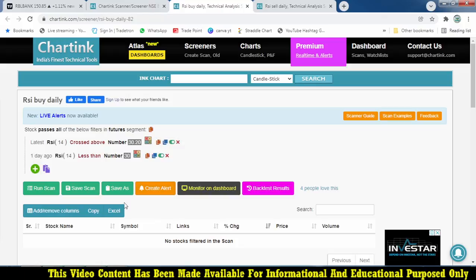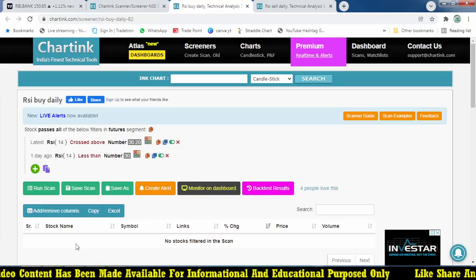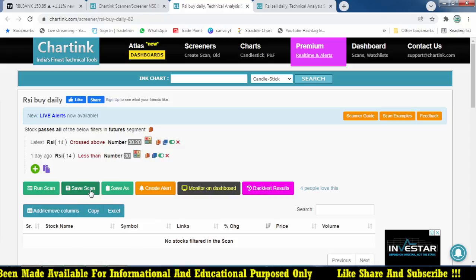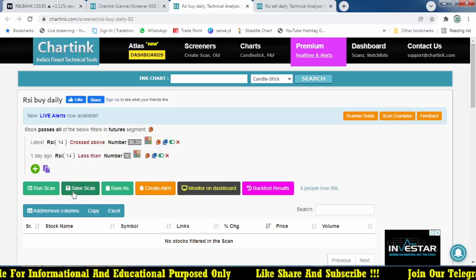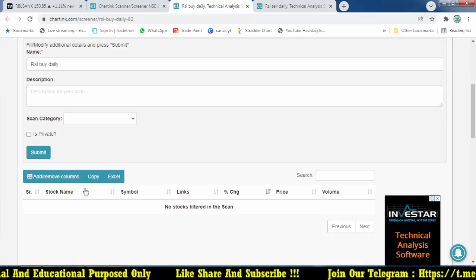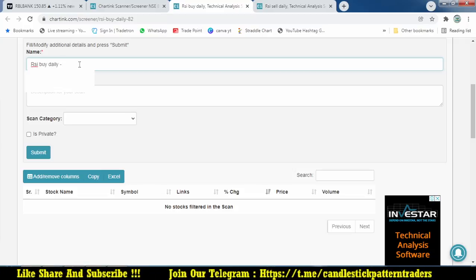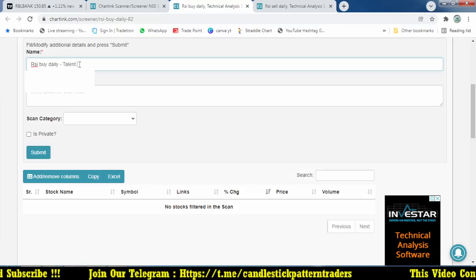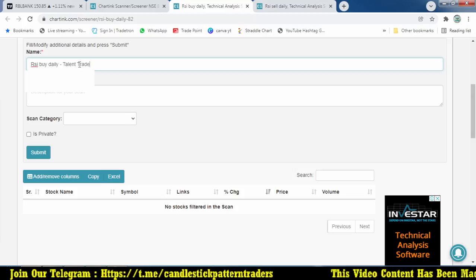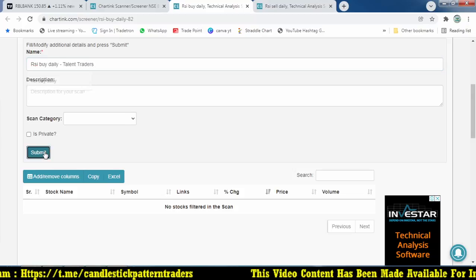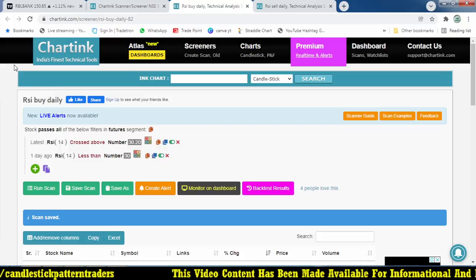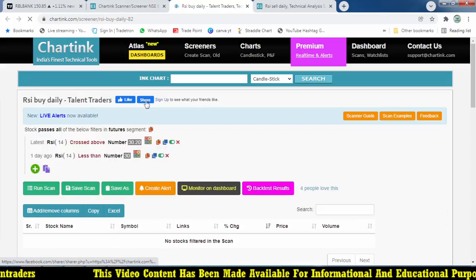And if you want to search for the scanner, I'm going to save the scanner along with my name so you can easily find it. I'm going to save the scan RSI buy daily with the name. So I saved it. Now the new name for the scanner is like this.